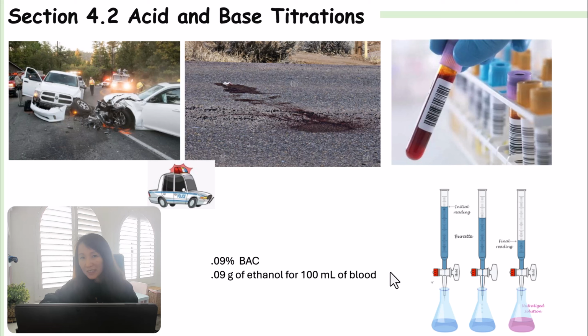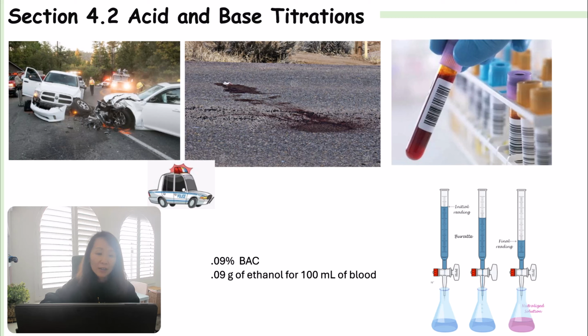But my point is mainly in this part. Titration is very important and applicable in the real world. Now, this was a blood alcohol test titrated with a solution called potassium dichromate.